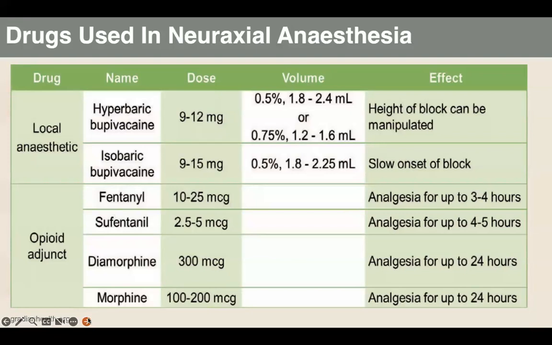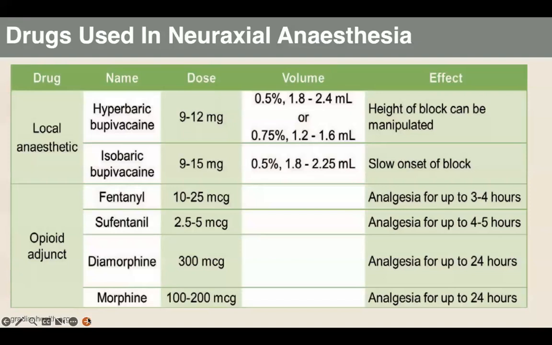Just make sure this bupivacaine is hyperbaric to lessen the incidence of complications such as high spinal and total spinal. So we highly advocate for hyperbaric bupivacaine in comparison to its alternative, isobaric bupivacaine.